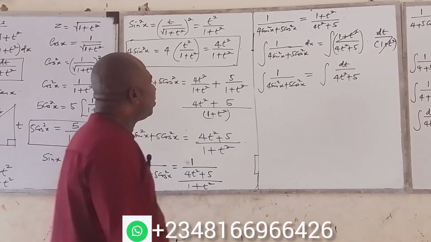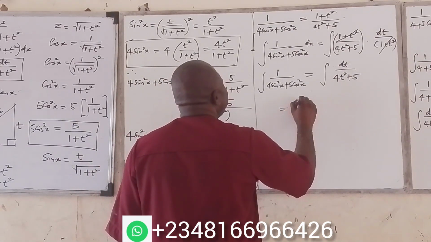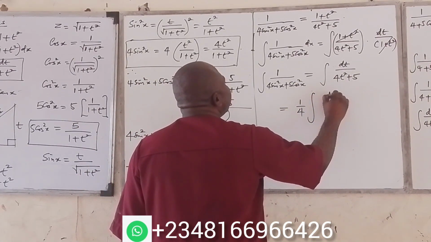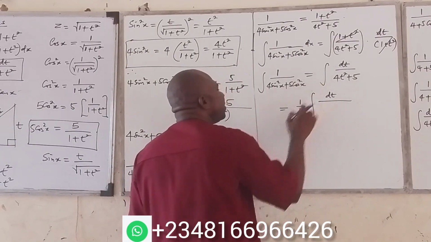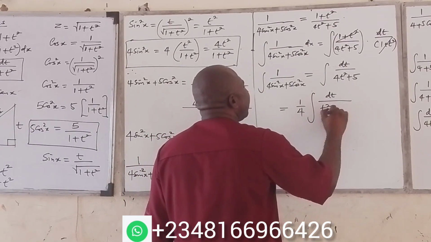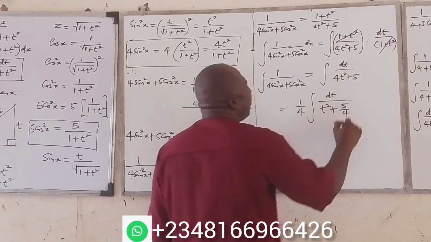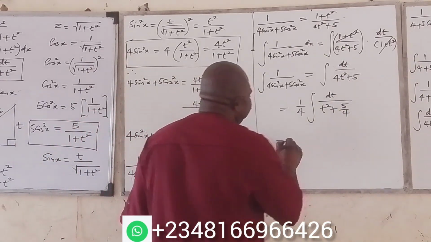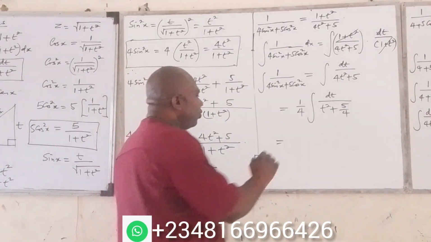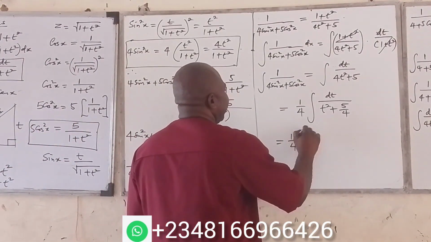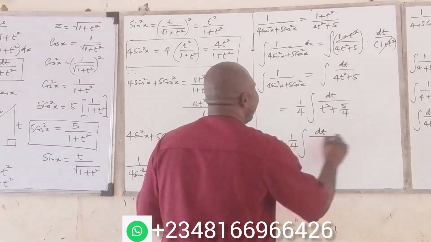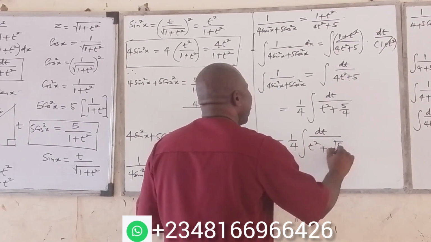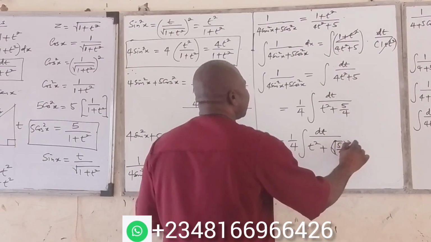Now the whole of this is the same as saying 1 all over 4, integral dt all over, this 4 is out, so here we have t squared plus 5 all over 4. Now the whole of this is the same thing as saying 1 all over 4 integral dt all over t squared plus the square root of 5 all over 4 all squared.